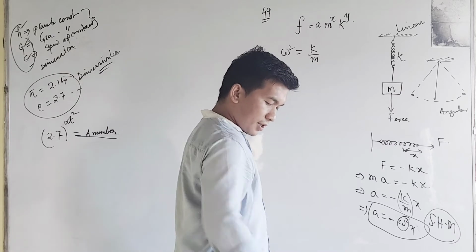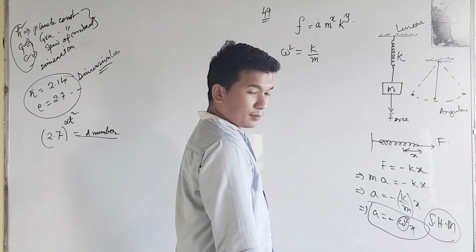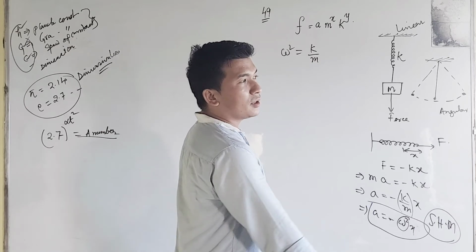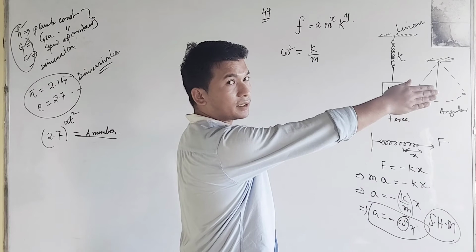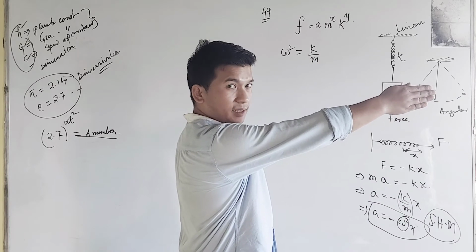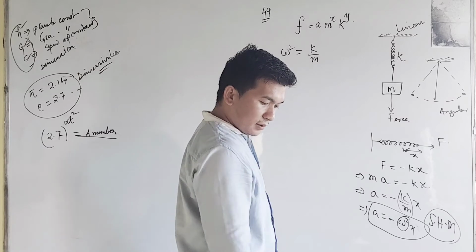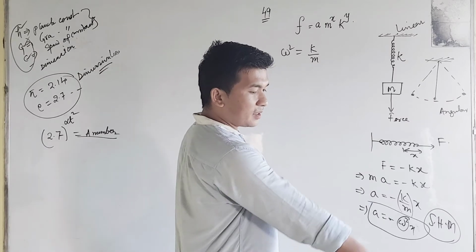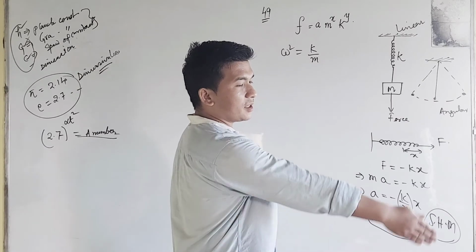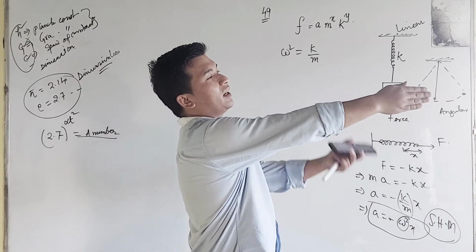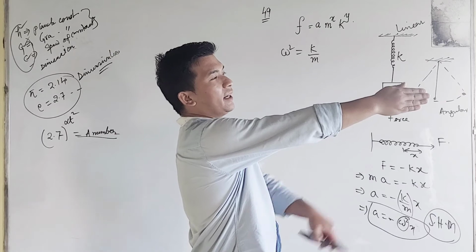Once the pendulum moves in the upward direction, velocity decreases and displacement increases. If the displacement increases, velocity is reduced, and it finally comes to zero.